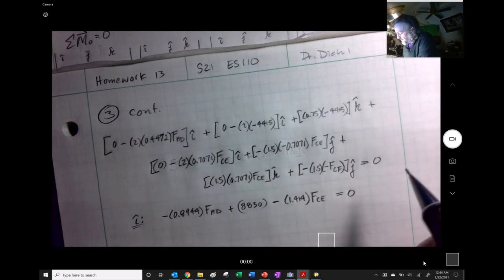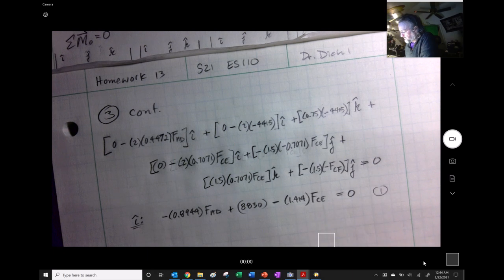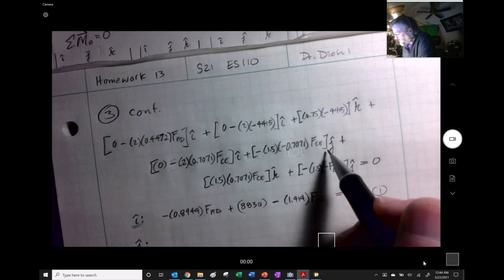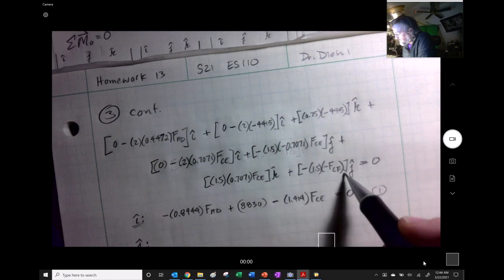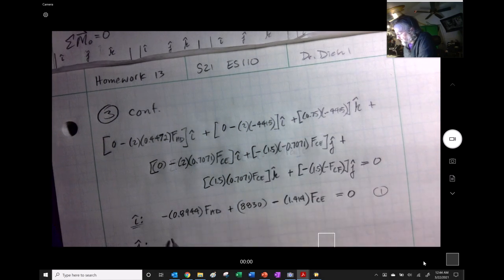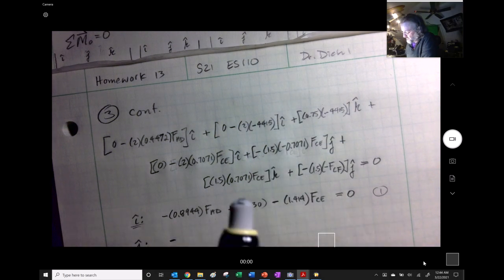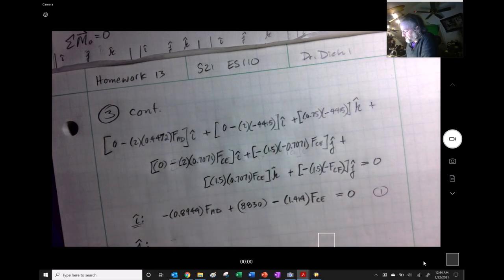So that's going to be equation 1. Now J. This and that. So I'm going to have a negative. So it's a positive 1.5 times 0.7071.